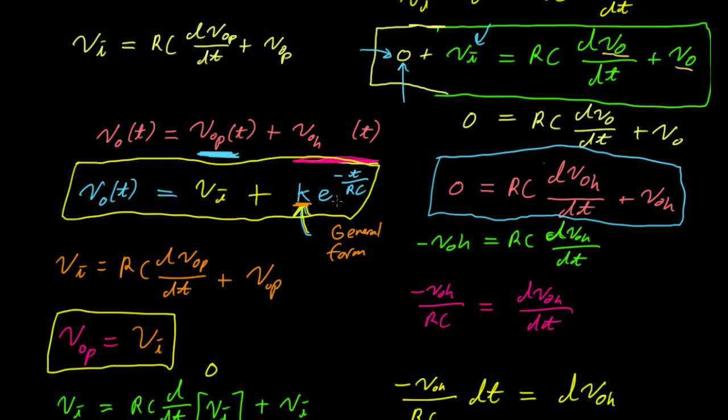The way you would solve for that constant, if you remember your differential equations course, is by using what are called your initial conditions. So if you remember, I didn't necessarily give you any initial conditions for this problem.